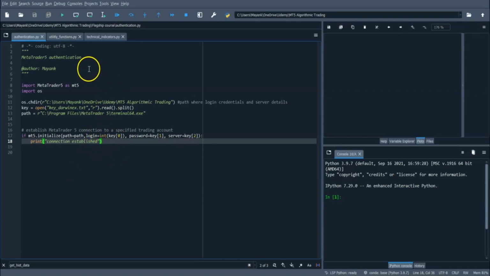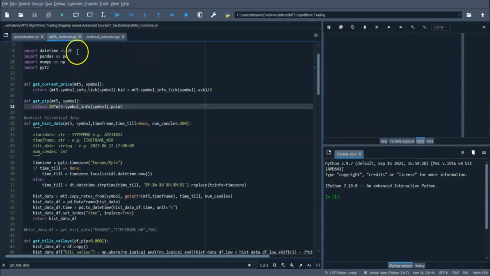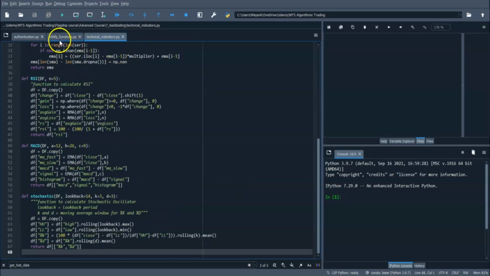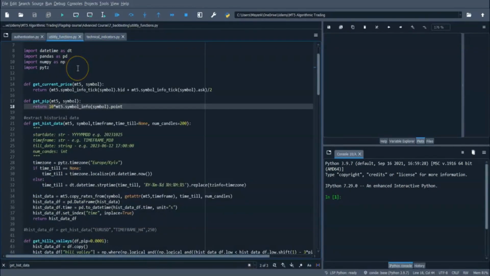I have created two Python scripts. One is called utility functions and one is called technical indicators. In the first script, the utility functions, I have pretty much copy-pasted the functions that we have previously discussed.